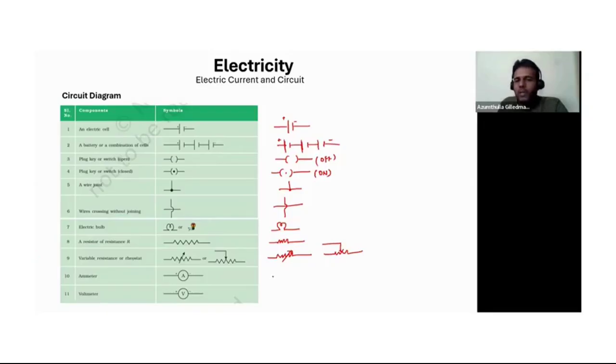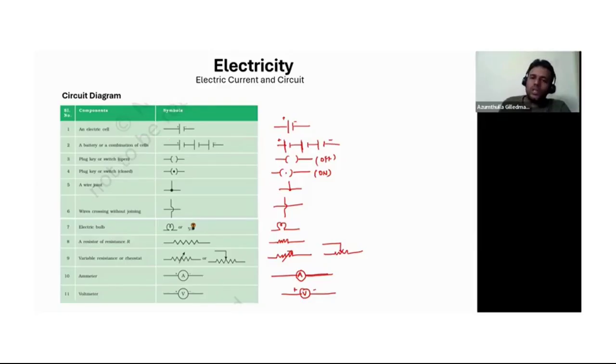And then the ammeter we already used in an earlier circuit. So A, this is the ammeter. So how does the ammeter always connect? It connects in series. And then the voltmeter. We can connect the voltmeter like this. Here plus and minus is given because this wire connects to the positive terminal in the circuit and this connects to the negative terminal.